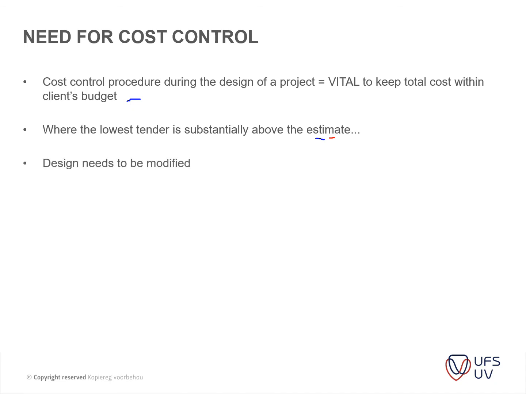So the design needs to be modified and adjusted in such a way that it does fall within the budget of the client, or the project can be abandoned. The main thing is that very important decisions have to be made when the estimations come in, and the earlier the client can make the right decision, the better for the client.